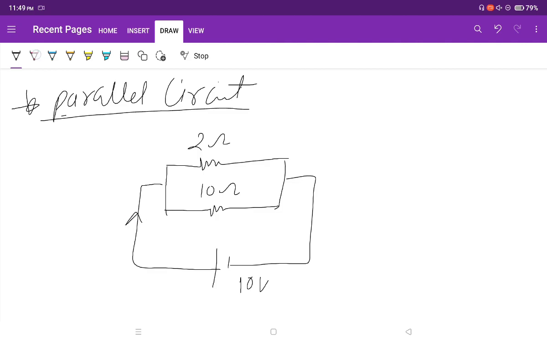Current comes here and sees two paths, I1 and I2.